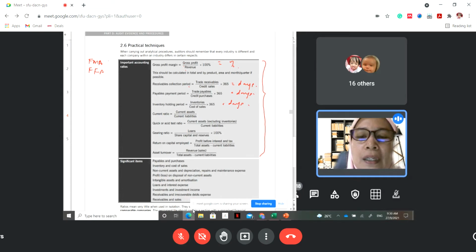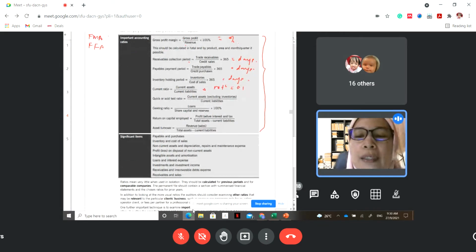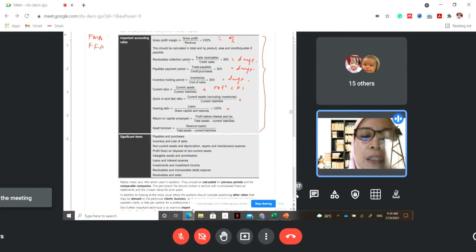Current ratio is in ratio, so there is no need to convert to percentage. It is maintained as a ratio, for example 0.1 or 0.2. Quick or acid test ratio, you have to deduct the inventories, also maintained as a ratio. Gearing ratio is in percentage, so you have to times it by 100.